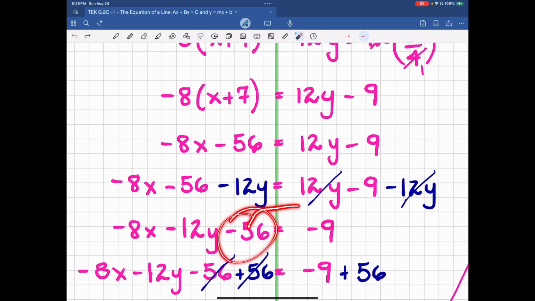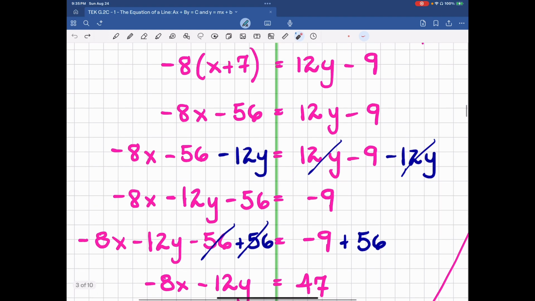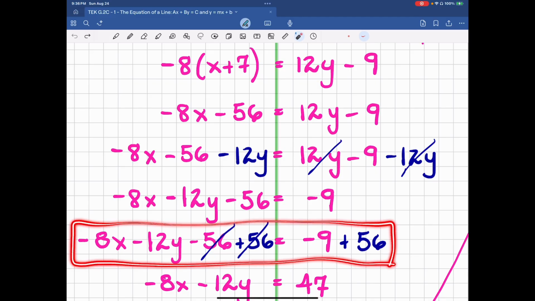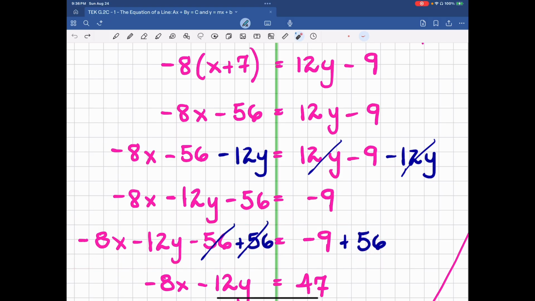I just need to move this negative 56 over to this side. So how do I get rid of that 56? If I'm subtracting 56, I need to add 56 to the left and add 56 to the right. So notice that's exactly what this next step has. I'm going to add 56 here, add 56 here. The 56's cross out because I'm subtracting them and adding them.